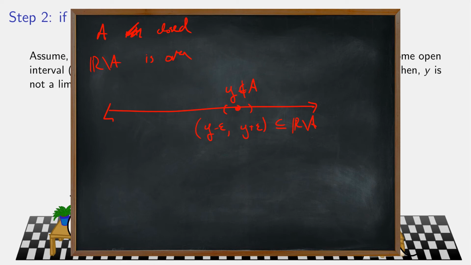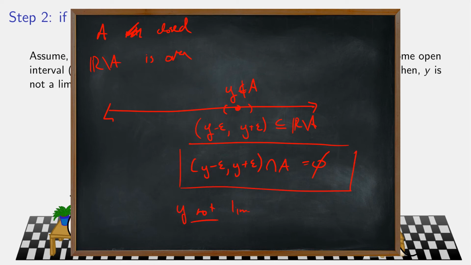Well, if it's a subset of the complement of A, its intersection with A is empty. And therefore, y is not a limit point, because I was able to find one interval of this form that doesn't intersect A. Remember, being a limit point says every interval of that form does intersect A. So if one of them doesn't, you're not a limit point.